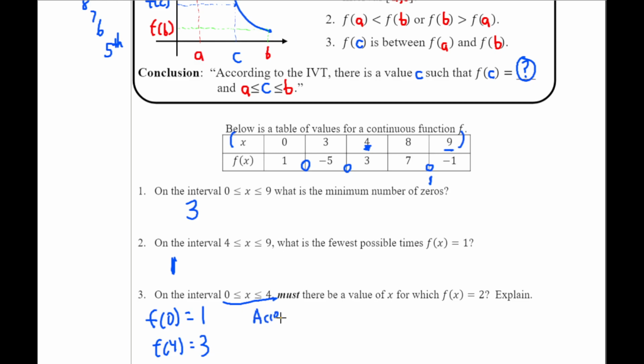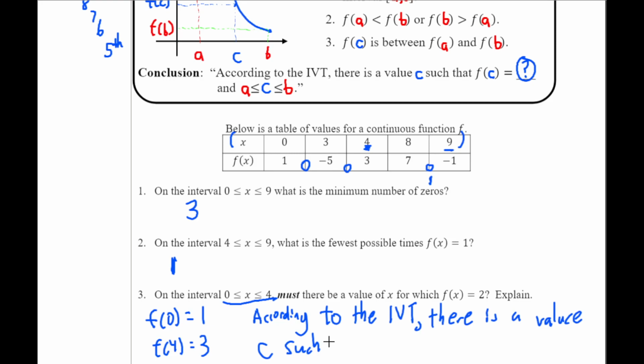So according to the IVT, there is a value C such that f of C is equal to 2 and C is in between 0 and 4. Again, there's some input between 0 and 4 for which the output is 2.